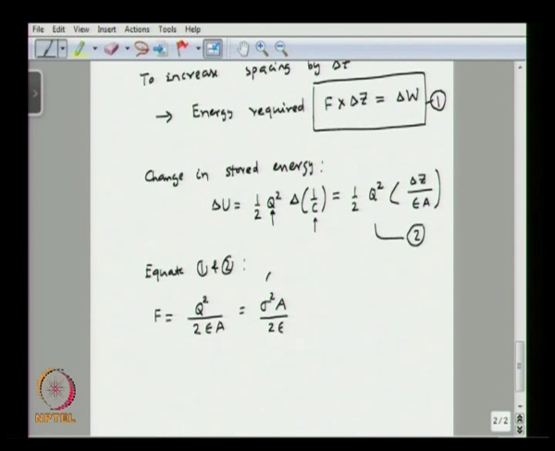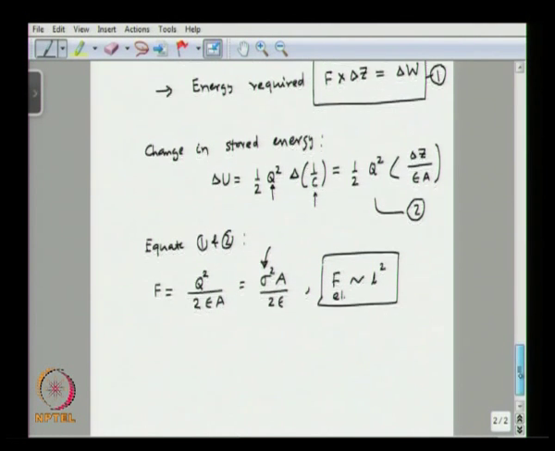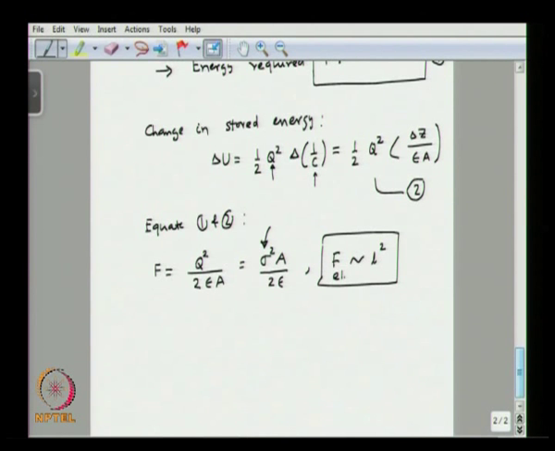So for a constant charge density, the force between the two plates is going to scale as L square, okay. So this is the electrostatic force which is going to vary as L square.